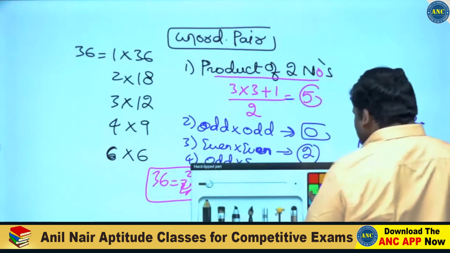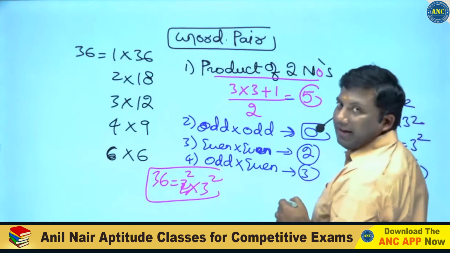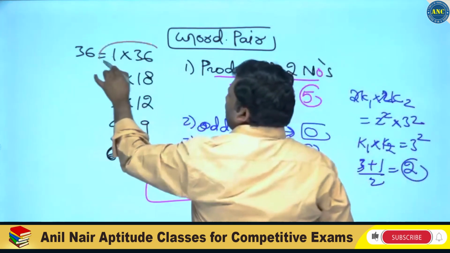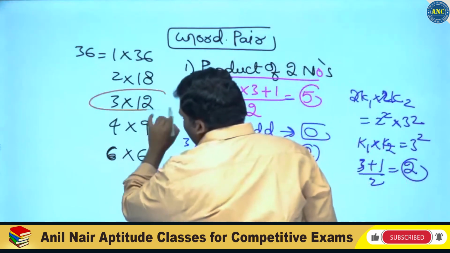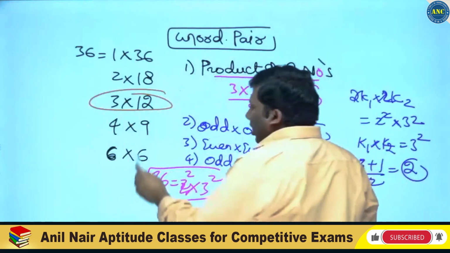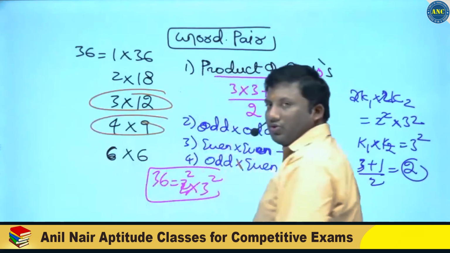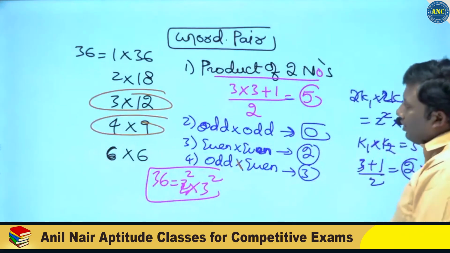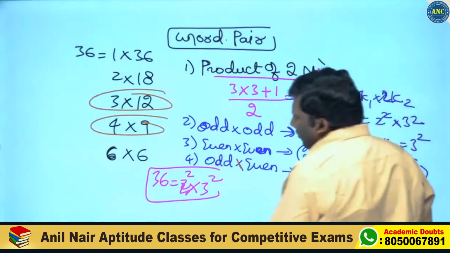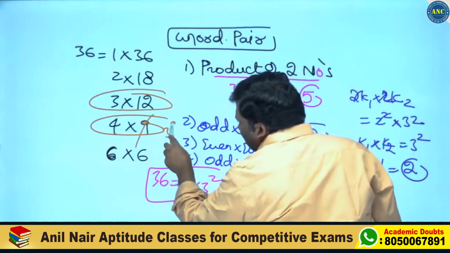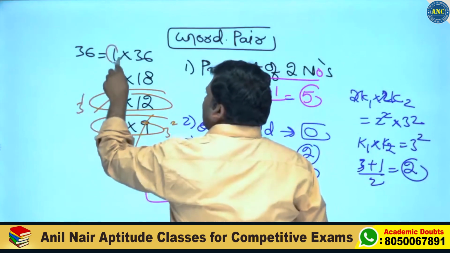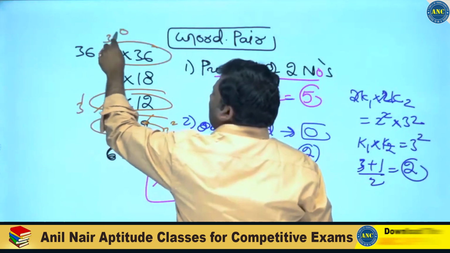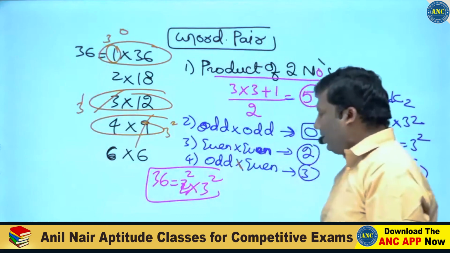These 3 cases, if you observe carefully: 1 into 36, odd into even, yes or no? 3 into 12, odd into even. 9 into 4, odd into even. If you observe carefully, 9 is 3 square. 3 power 0, 3 power 1, 3 power 2.